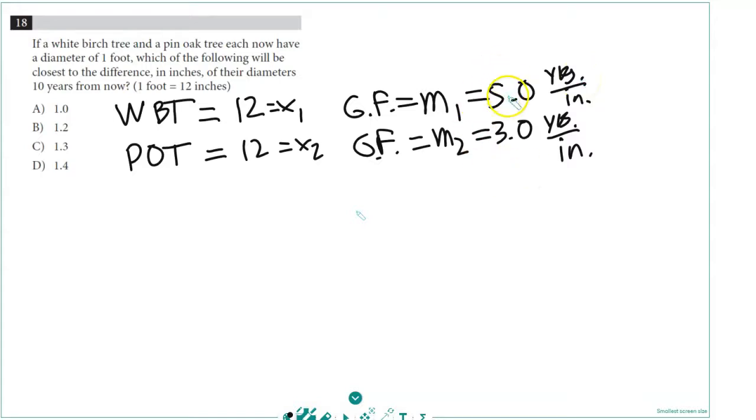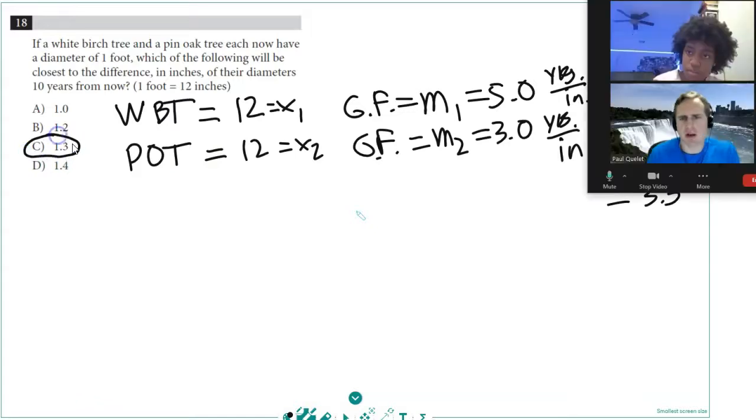So we're going to go 10 years, right? I got that by going years divided by years per inch. So this should be 10 divided by 3, which is 3.3. And then what's the difference in the number of inches? Well, I think it's going to be about 1.3. Do you see how I got that?